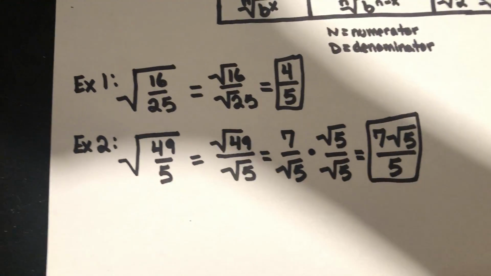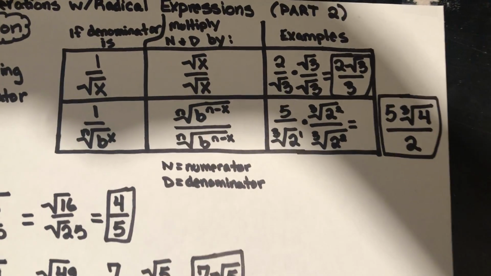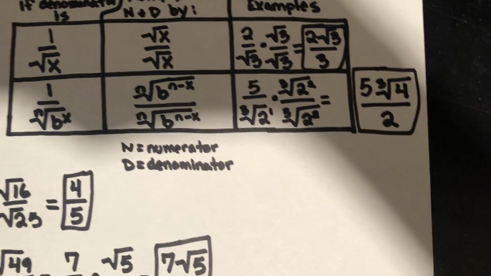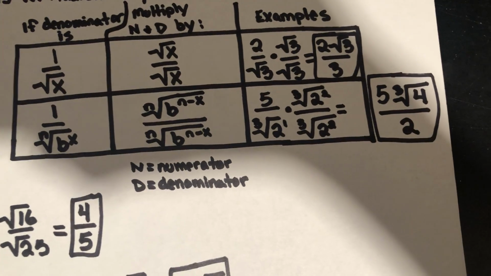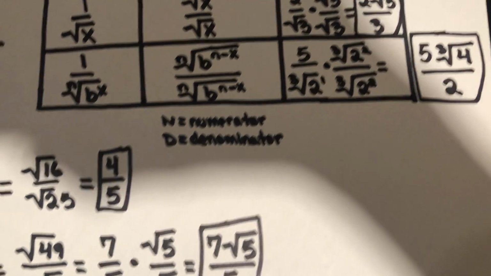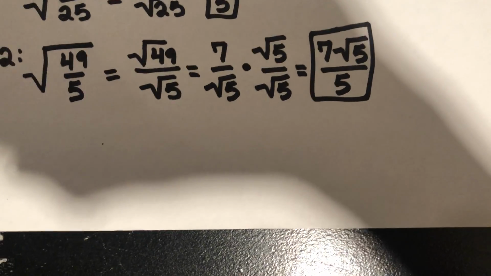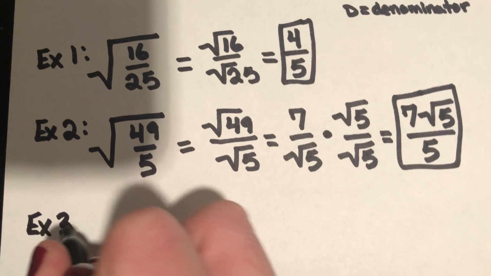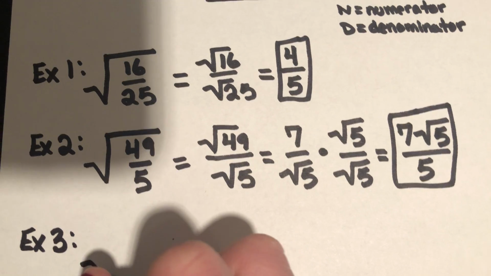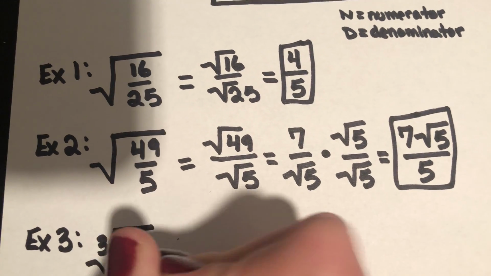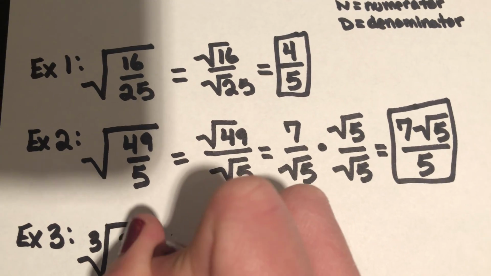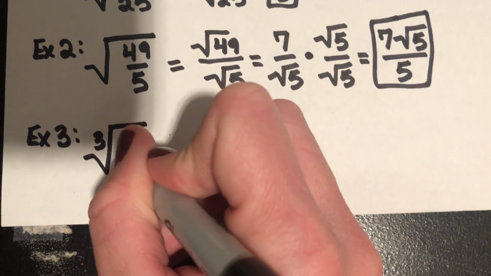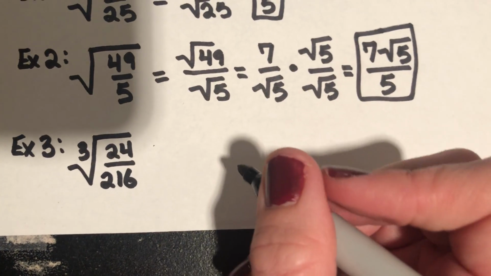Okay, let's go to our new one then. We're going to review those rules right there to rationalize an nth root, the nth root of b to the n minus x. So let's look at, we're going to do example 3. We'll do the cubed root of 24 divided by 216.